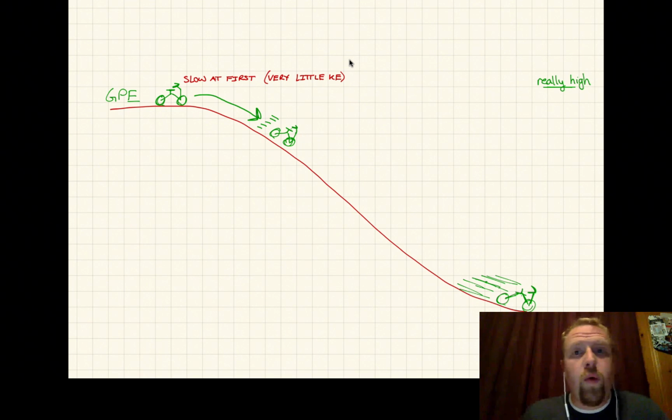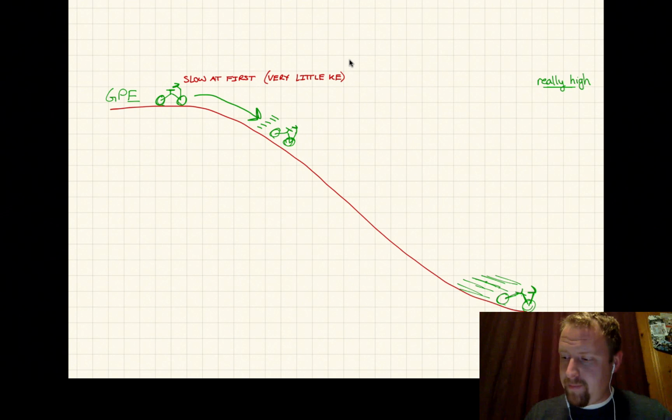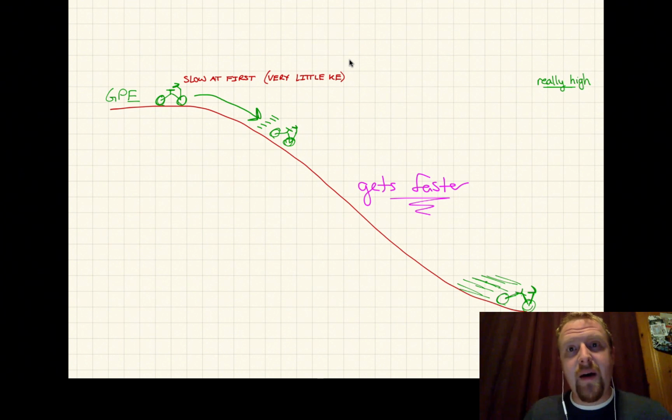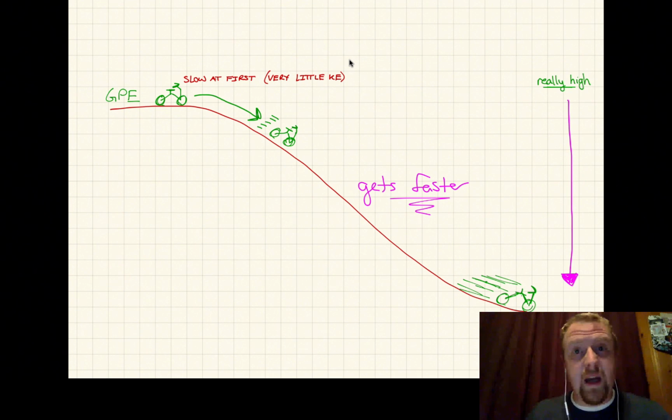Okay, so we need to kind of look at what is happening as the bike is going down the hill. As it goes down the hill, it picks up speed. Gets faster. But as it goes down the hill, it's also getting closer to the center of the earth or getting lower.